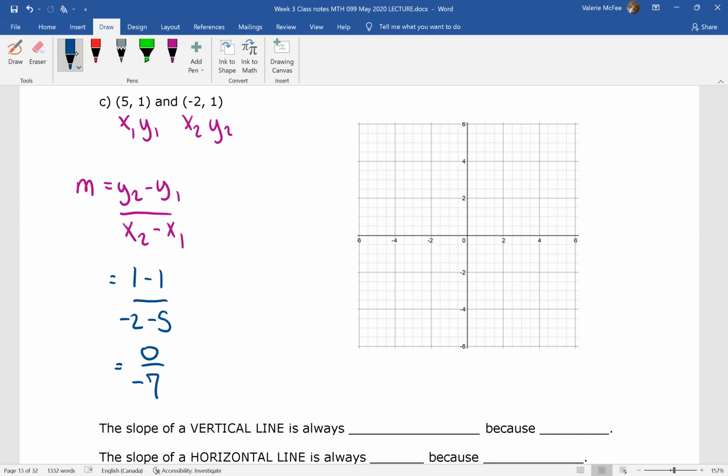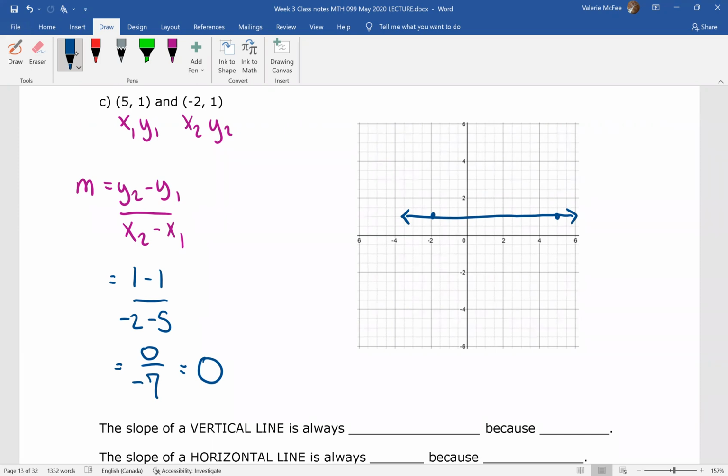Zero over -7 equals 0. We have a slope of 0. What kind of line do we have? We have a horizontal line.